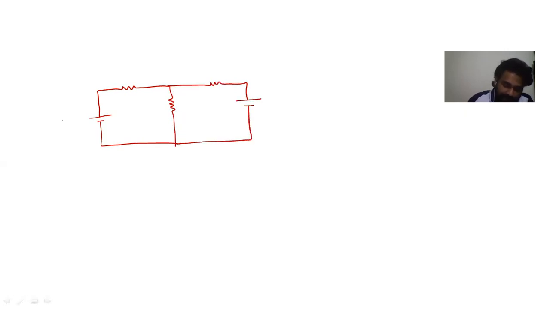Suppose if this is E1, this is R1, R3, R2, then how we can find the current across the various branches? So for that, what we have done, we have used nodal analysis. Nodal analysis is very much easier when compared to mesh analysis.